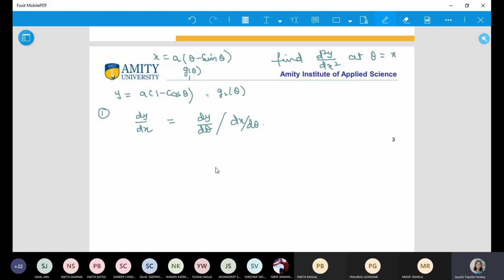Ask if you have doubts. Sure. Now if you are interested in finding this, it is something very important. Whatever you will get, it will be something in theta. So now you want the second derivative. See, it will be written like this, and I want you to understand this carefully.